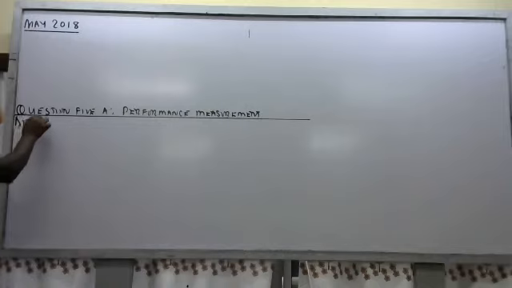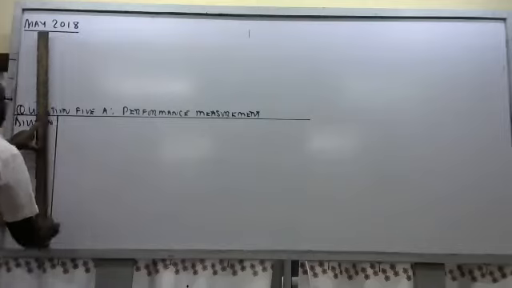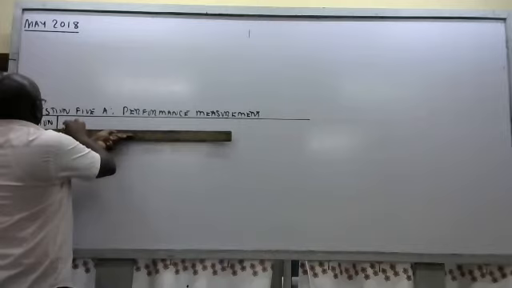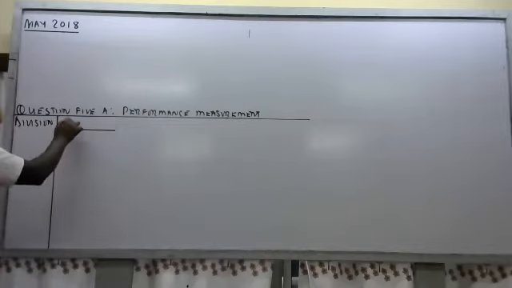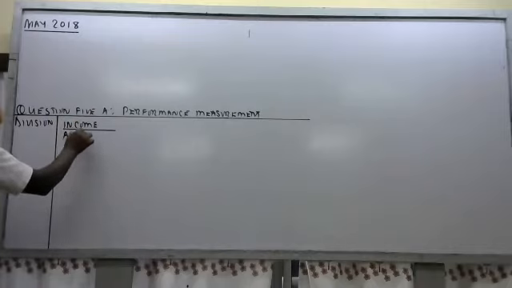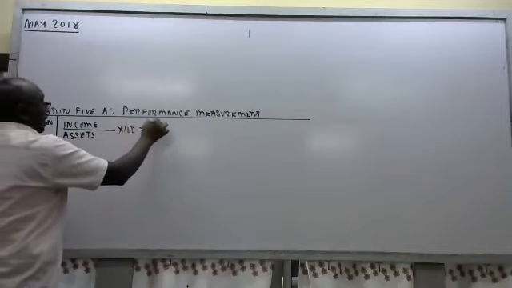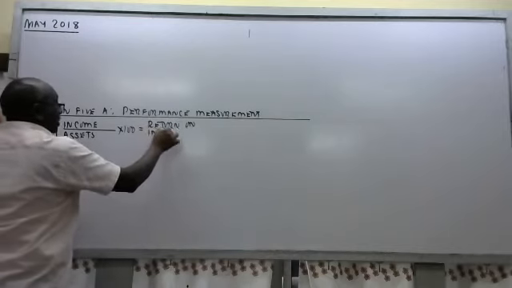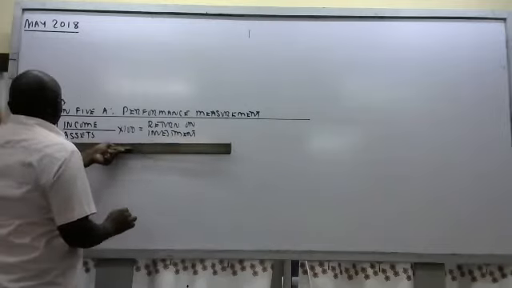Divisions, which are upper. Then here, I have what we call income. You divide by assets, multiplied by 100, is called return on investment. Return on investment.